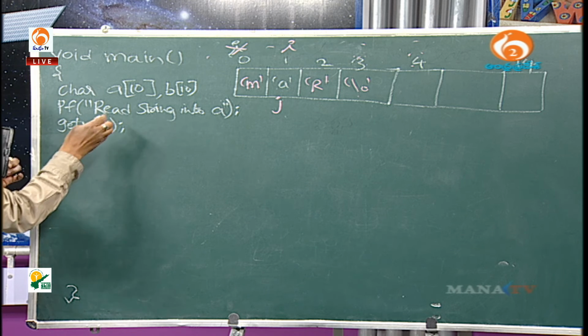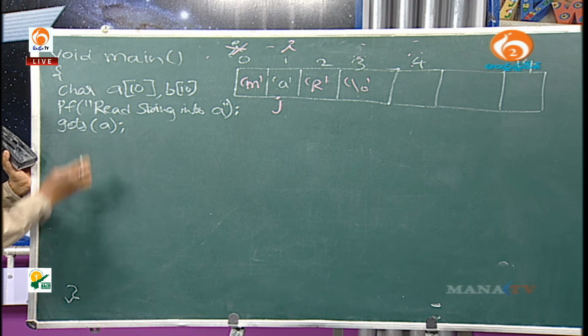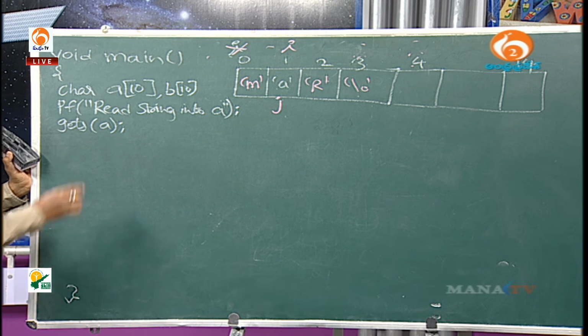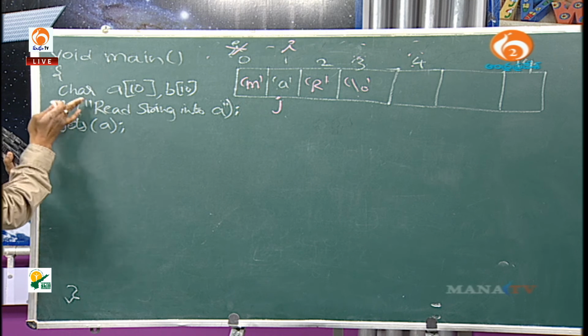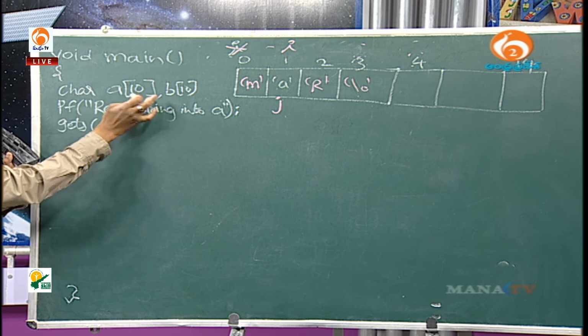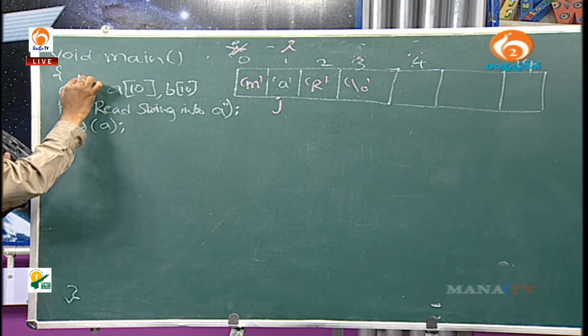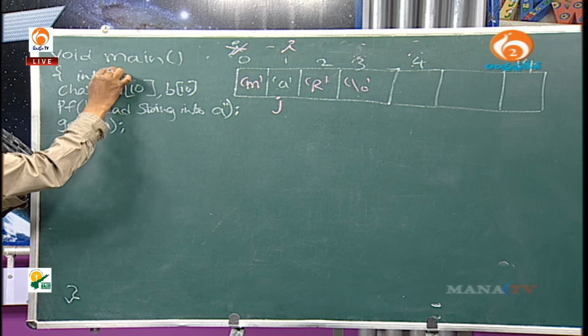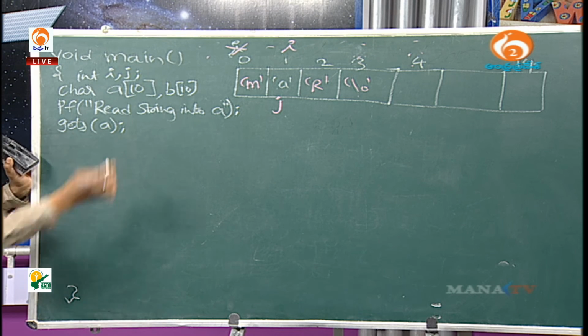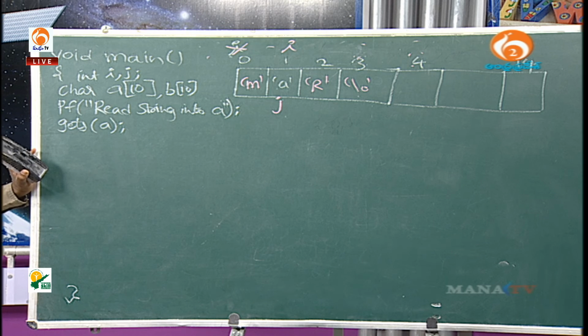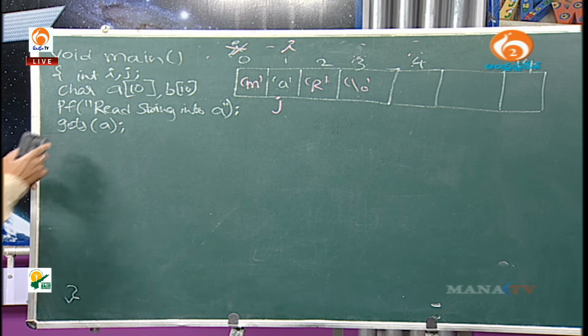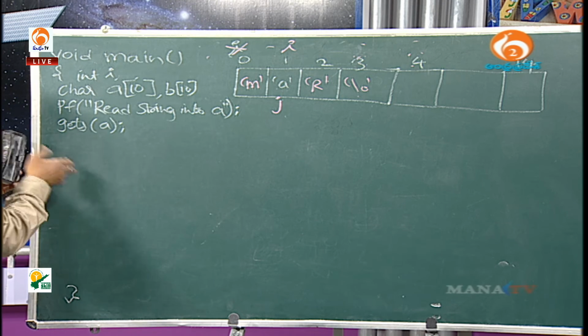Okay. Here we need another variable also, that is I comma j. Wherever the space is available, before printf we can write I comma j. Or else only one I is enough, I think.